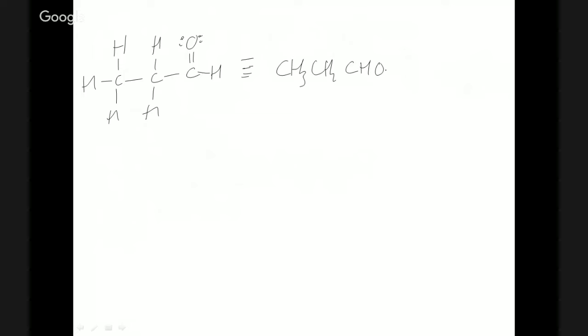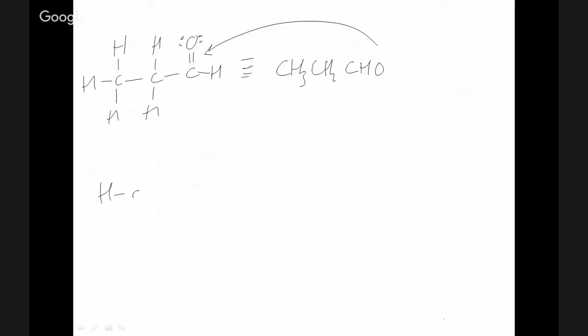That's going to look weird at first, that's CHO, but it has to be equal to that, because carbon has to have 4 bonds, hydrogen can only form 1 bond, oxygen can form 2 bonds very easily, and so forth. So that means that there's a bond here in between the CH2 and the CHO. So you've got to work through these.